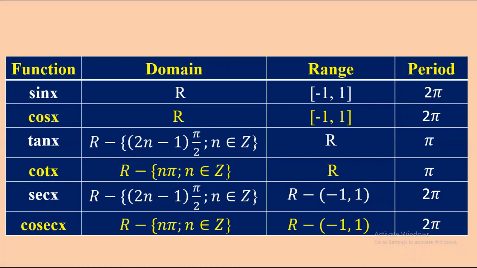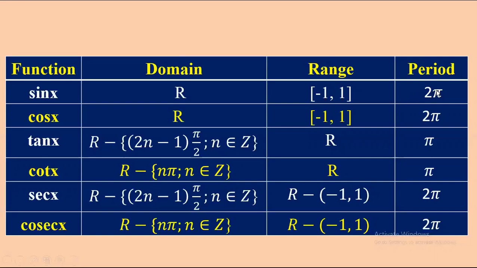Now we will see the domain, range and period of all trigonometric ratios in one table. The domain of the sine function is the set of all real numbers, range is from minus 1 to 1. It is in square brackets as minus 1 and 1 are included. And the basic period is 2 pi.